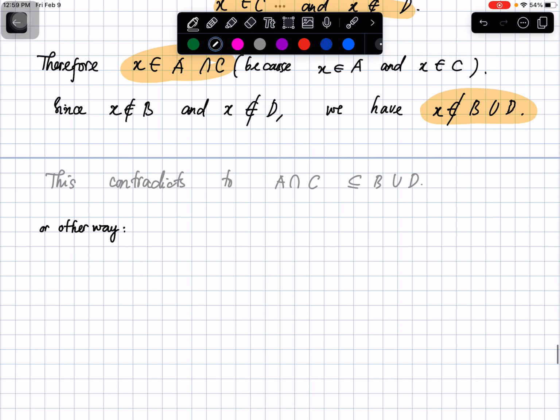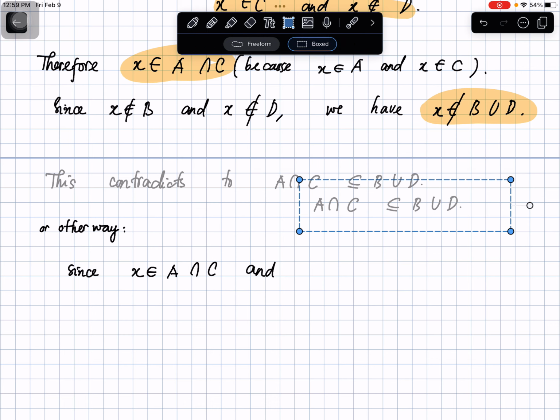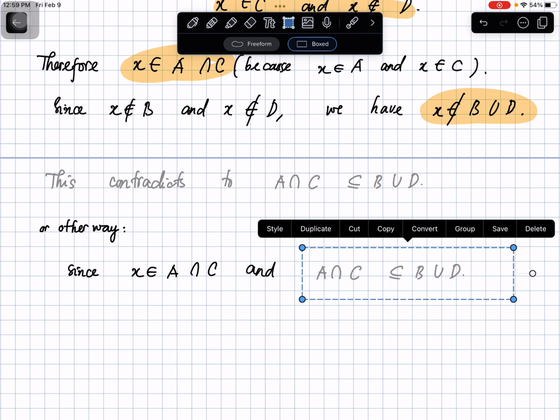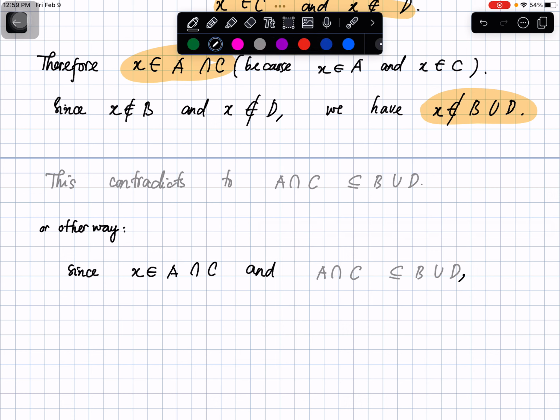We say that since x in A intersect C, and by hypothesis A intersect C is a subset of B union D, we have x must be in B union D, and this is contrary to this one.